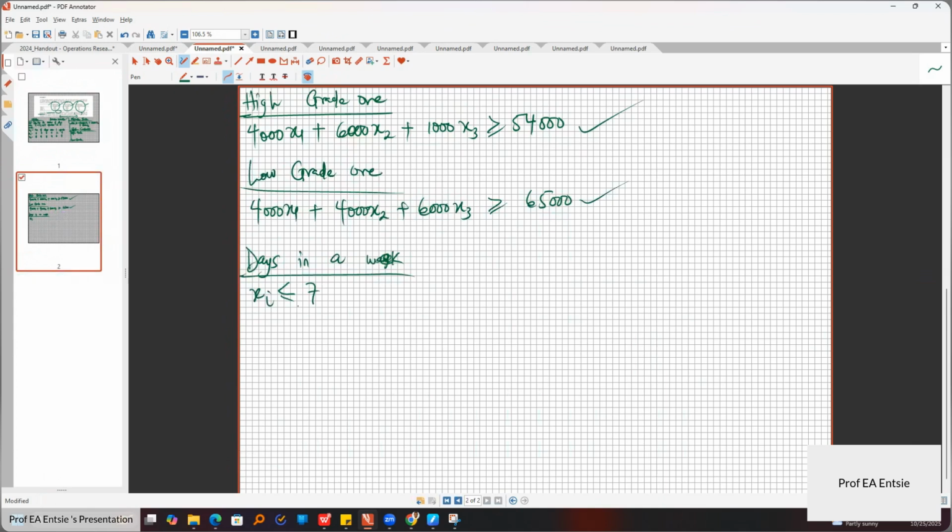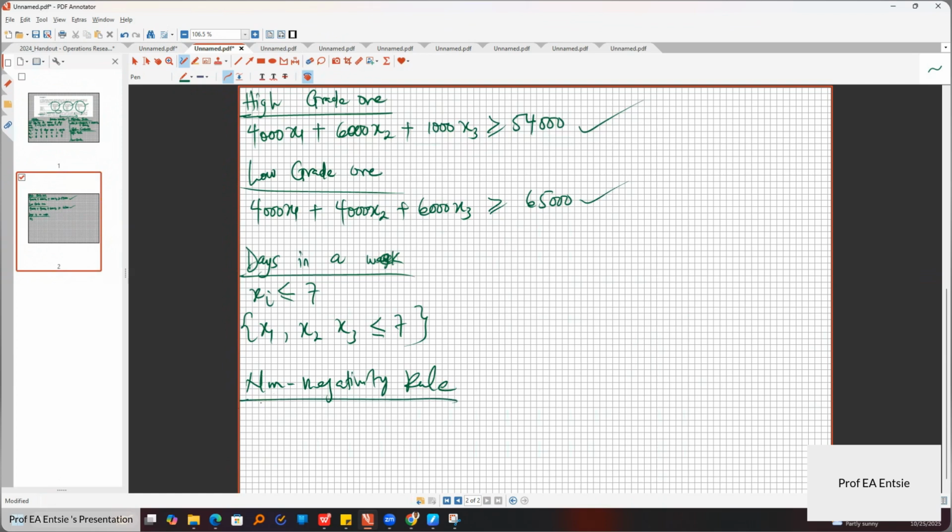I don't know whether you have 8 days in a week. So x1, x2, x3, the number of days needed by mines 1, 2, and 3, should be less than or equal to 7. And the days cannot be negative either; they should be greater than or equal to 0. This is the non-negativity rule. Always put the non-negativity constraint as the last constraint.